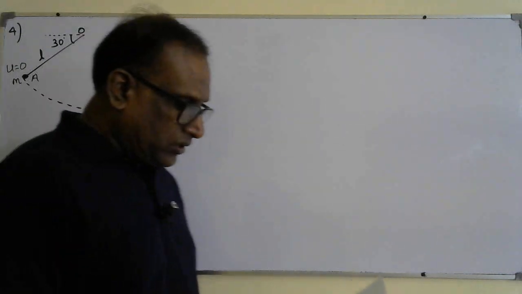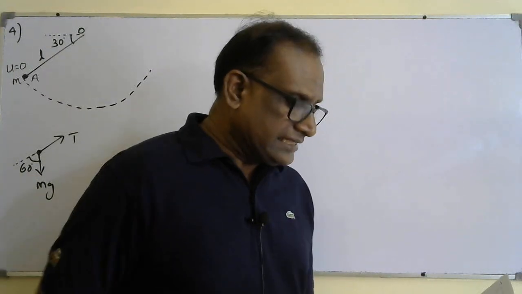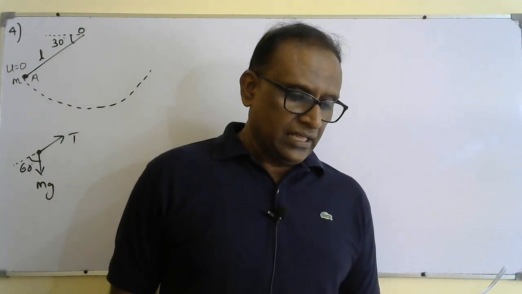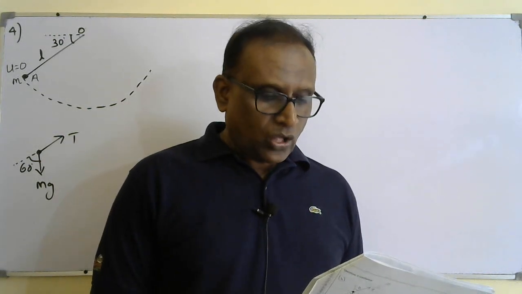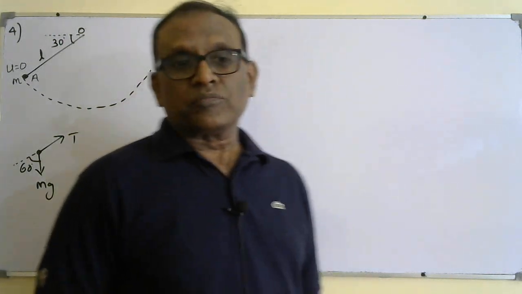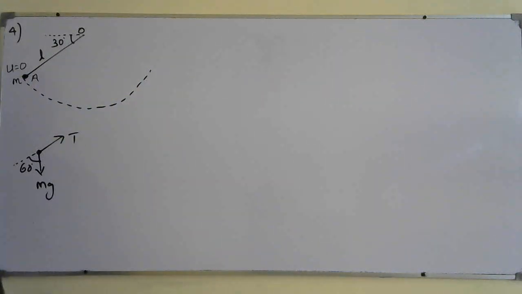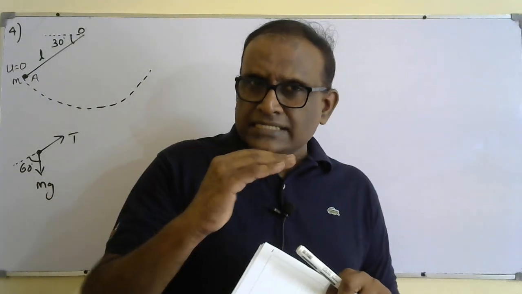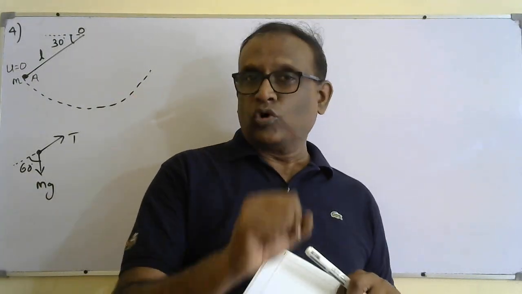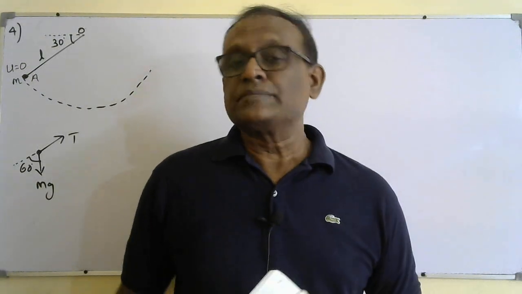Okay, so we need to find the tension of the cable in terms of these quantities. So she was released from rest. So at the moment she is released, her speed is 0. We know at the moment she is starting from rest on a circular path, her speed is 0.